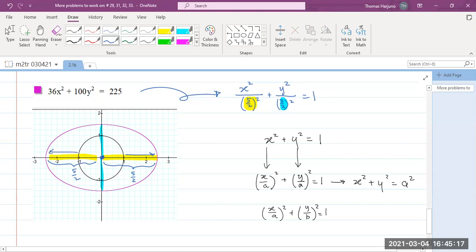Here I stretch by 2.5, and here I stretch by 1.5, with a different ratio. If I stretch this circle with the same ratio horizontally and vertically, I will still get a circle. But if I stretch them differently, then I get an ellipse.